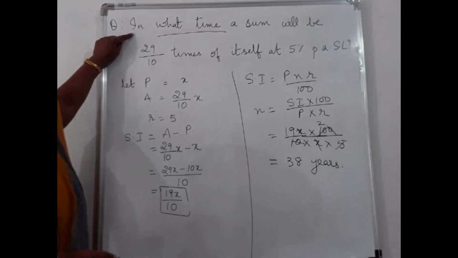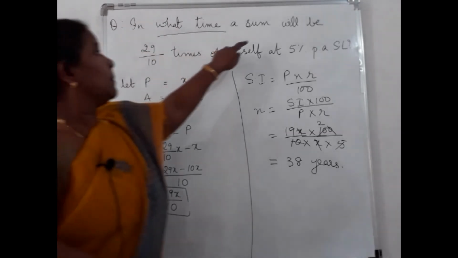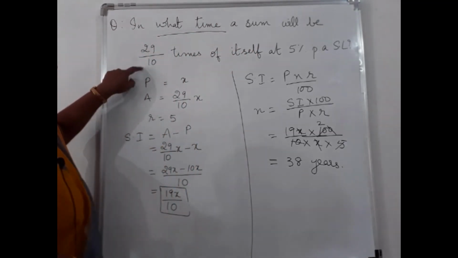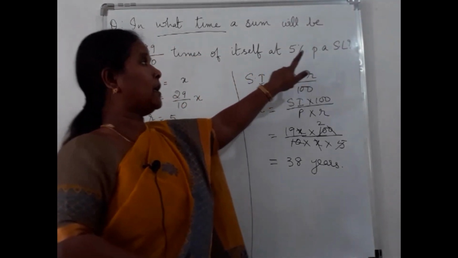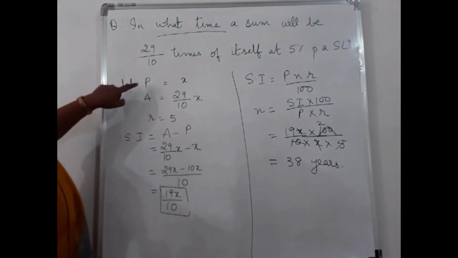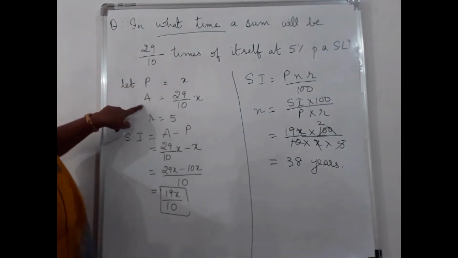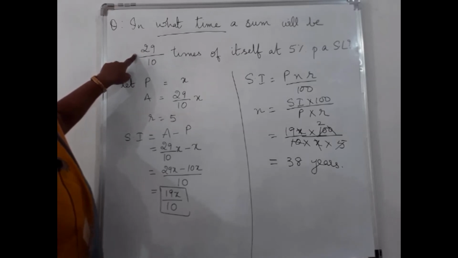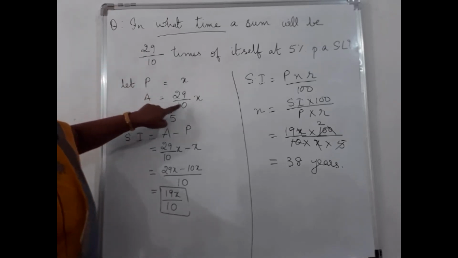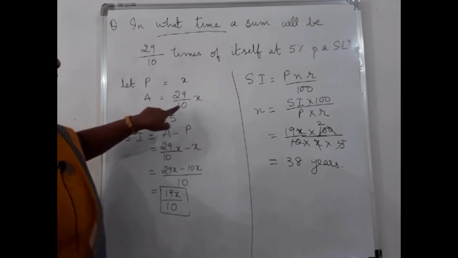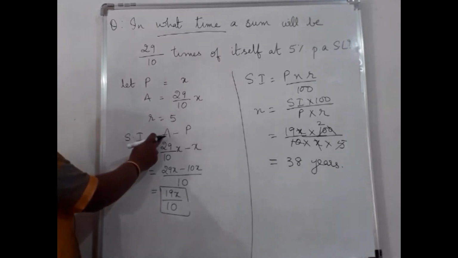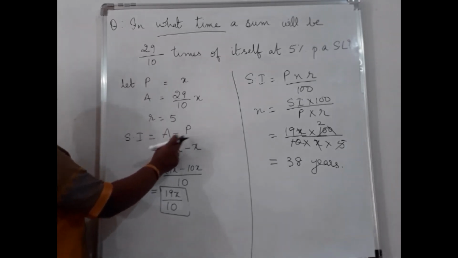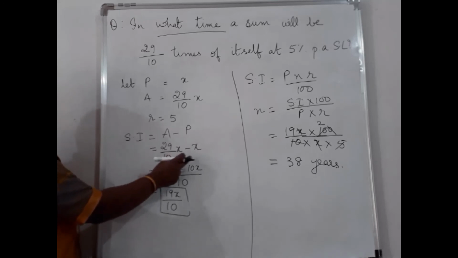In the given problem, a sum will become 29 by 10 times of itself at 5% per annum simple interest, and we find the time. I assumed P to be x, then the amount is 29 by 10 times x, and R is 5. Simple interest is the difference between amount and principal, 29 by 10 x minus x.